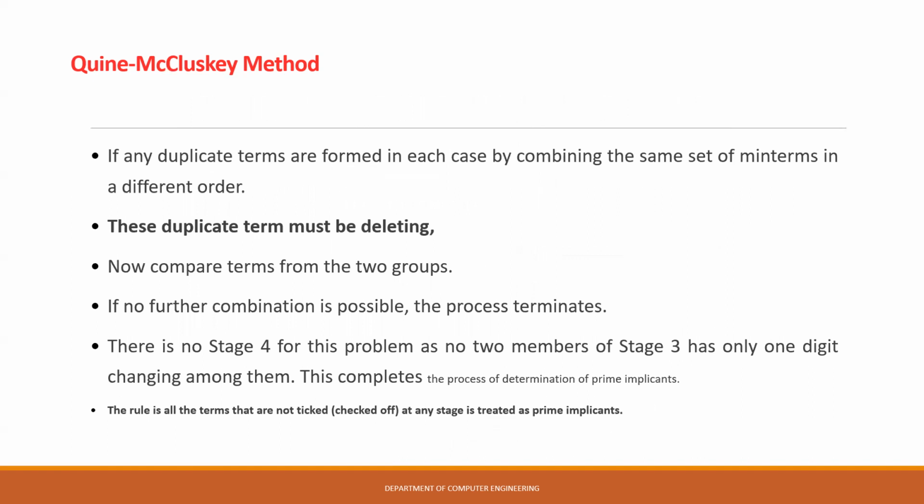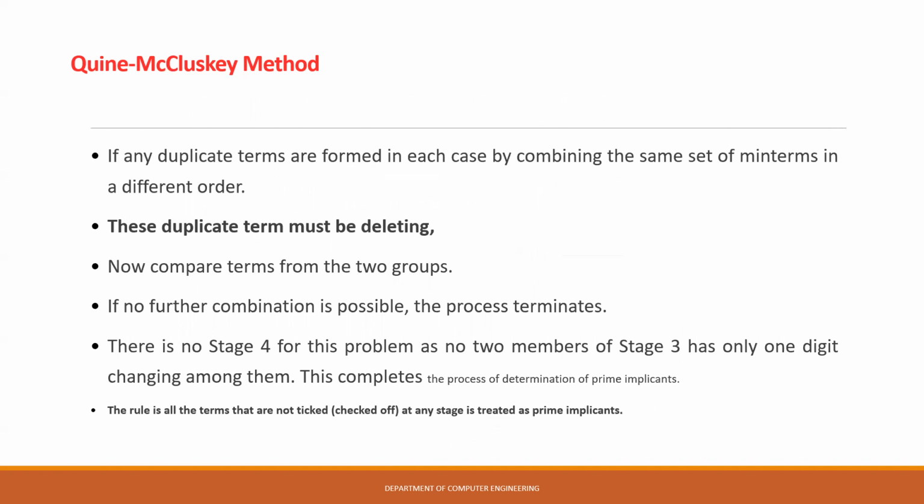First point is, if any duplicate terms are formed by combining the same set of min-terms in a different order, these duplicate terms must be deleted. Only a single term is applicable instead of repetition.